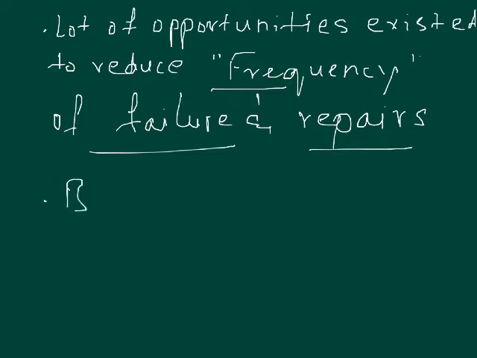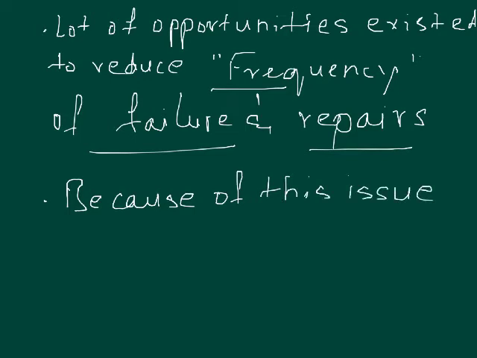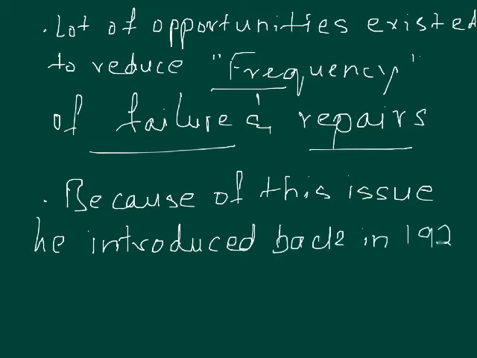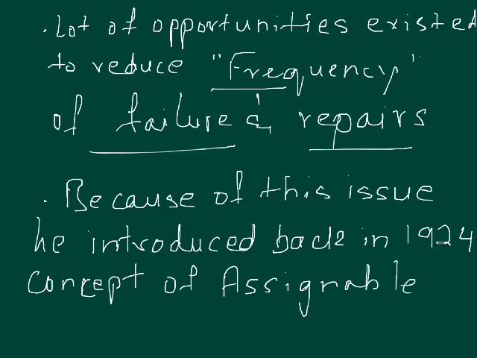So, because of this issue, he introduced back in 1924 the concept of assignable cause versus the chance cause.